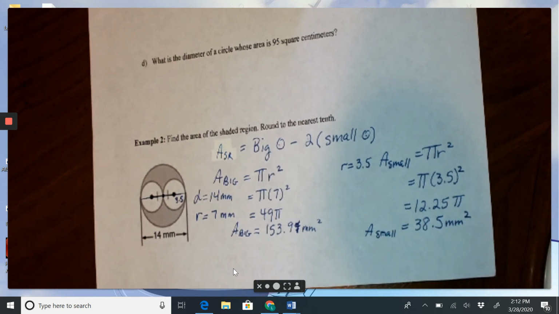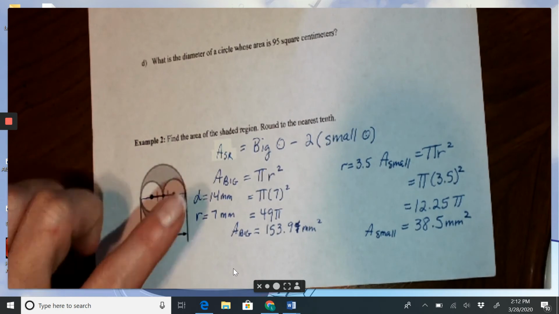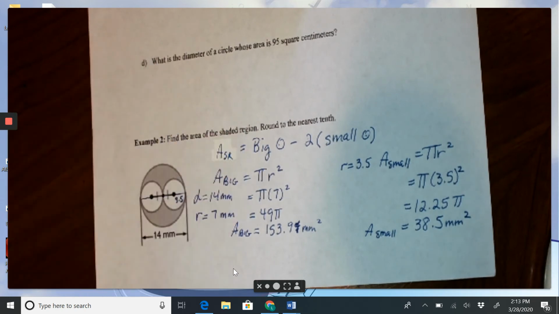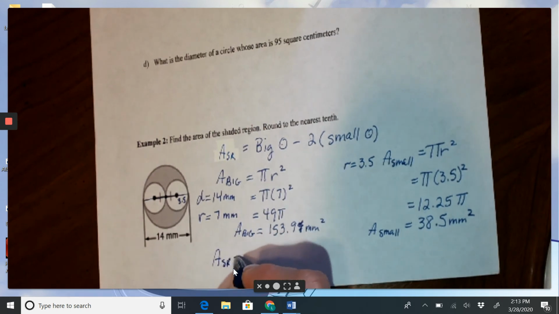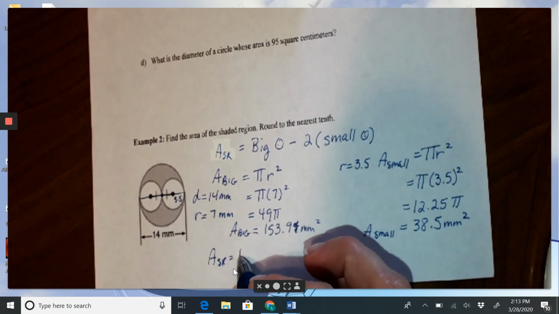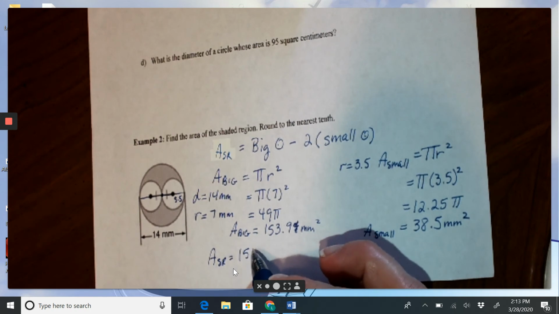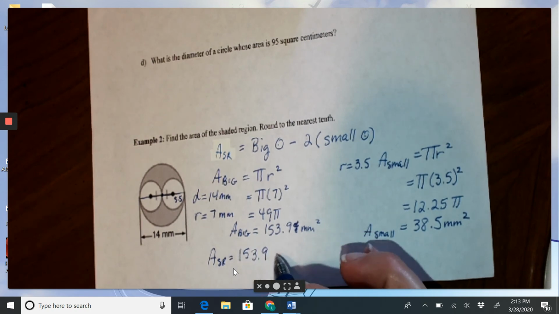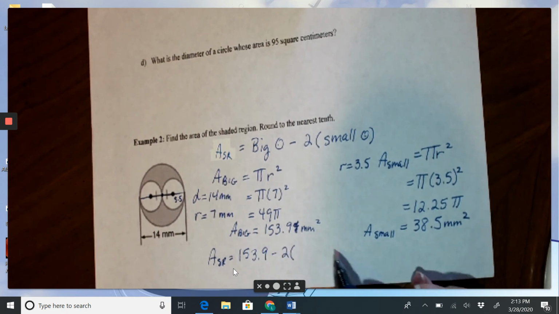Okay, so now that we know the area of the big circle and the area of the small circle, we can go back to this big picture idea that the area of our shaded region is the big circle area minus 2 times the small circle area. So when we put this into our formula, the area of our shaded region is going to be 153.9 minus 2 times 38.5.